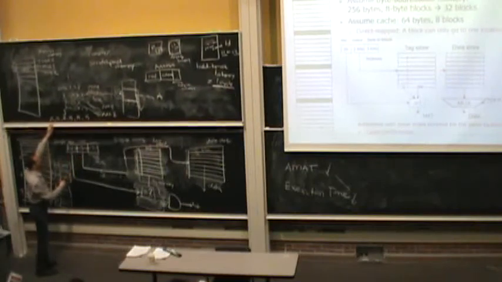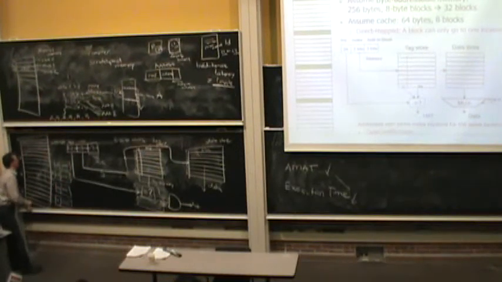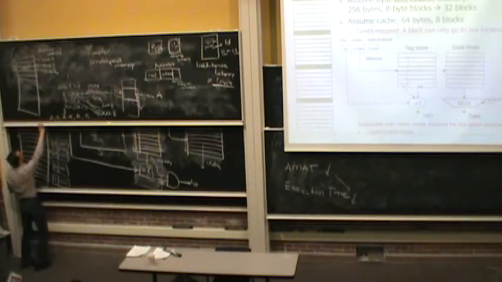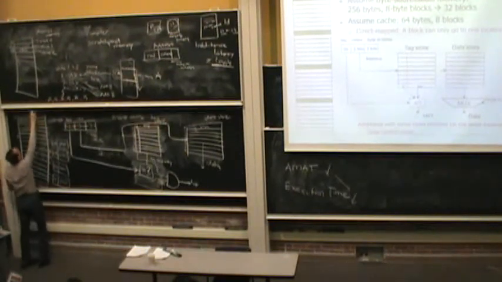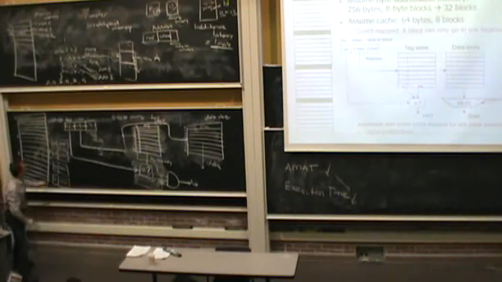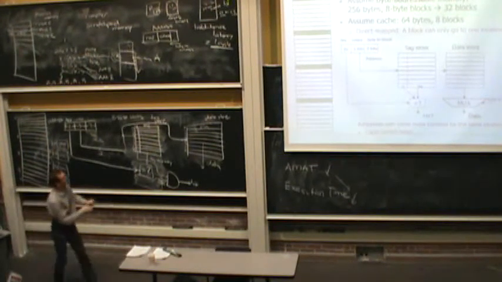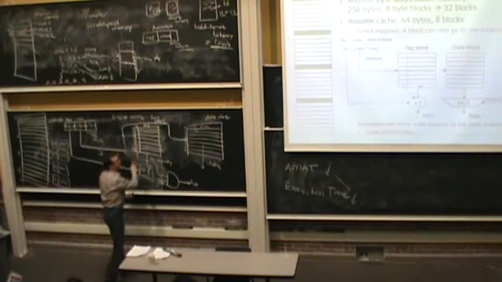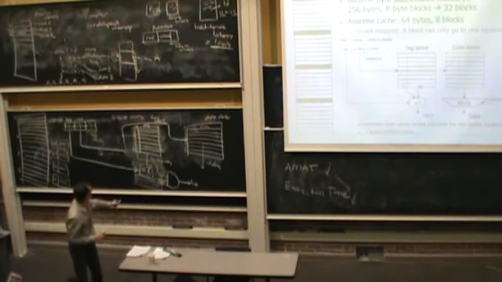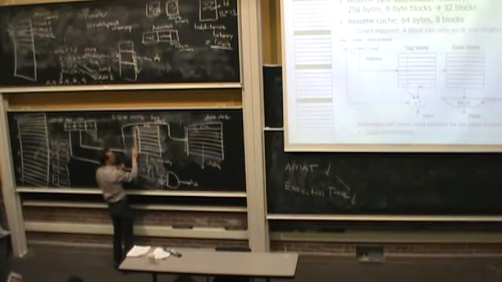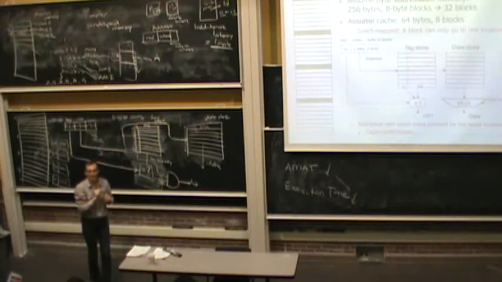What you could do is to organize your cache such that it doesn't look like this. Here in our cache, we organized the cache as a single column that contained 8 different sets, if you will.